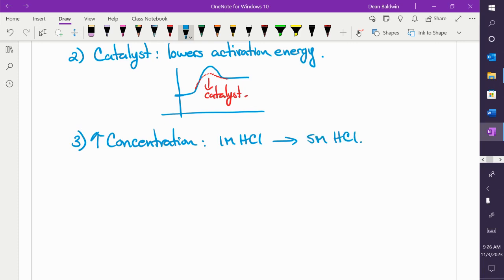Remember, molarity is moles per liter. So we have 5 moles every liter instead of 1 mole per liter. There's more particles in there, so they can collide more often. And that equals more collisions. So you can increase the concentration.